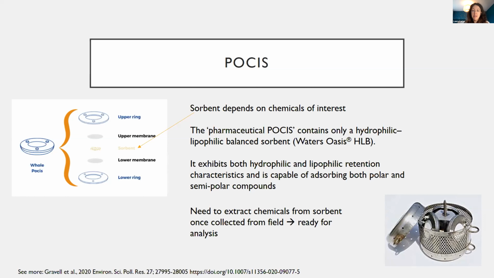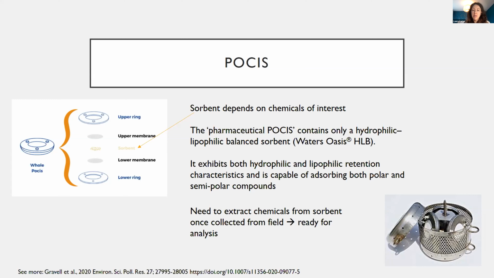Basically it comprises this polymer that can absorb all of the chemicals. And yeah, so Oasis HLB is probably the most frequently used in this case. And it's been widely used for pharmaceutical detection, including antibiotics.